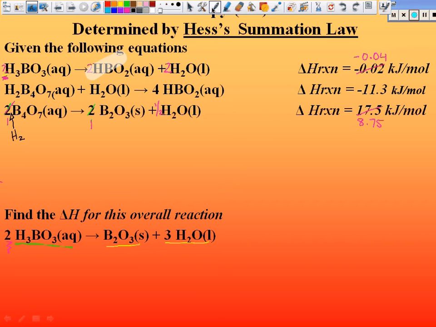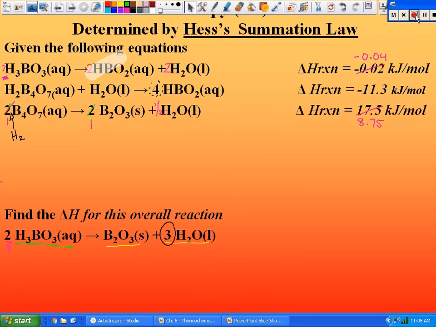Because when you flip it, you have 2 plus a half, which is what? 4. No, 3. And that gets you your 3 waters. But the problem I'm having is this thing. Hold that thought. No, we're going to get it right.